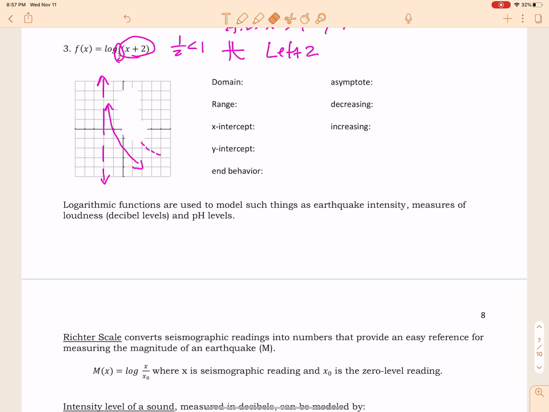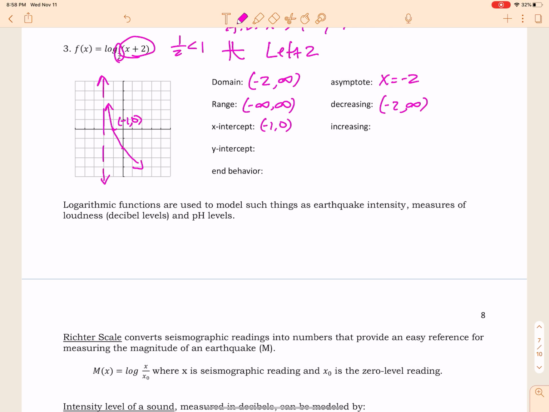I'm going to get the hang of this eventually. Maybe. All right. So -1, 0. The domain now is -2 to positive infinity. The range is all real numbers. The asymptote is at x equals -2. We are decreasing from left to right. The x-intercept is at -1, 0.